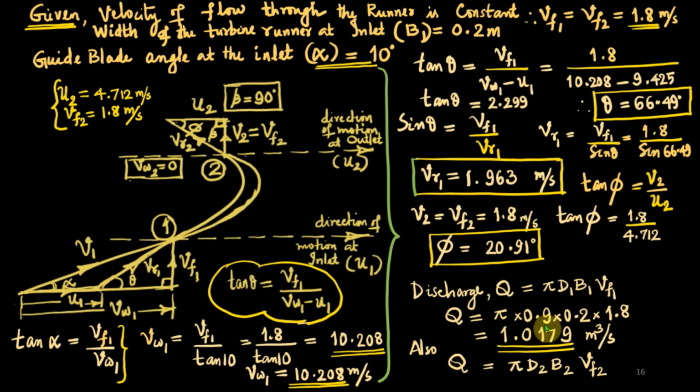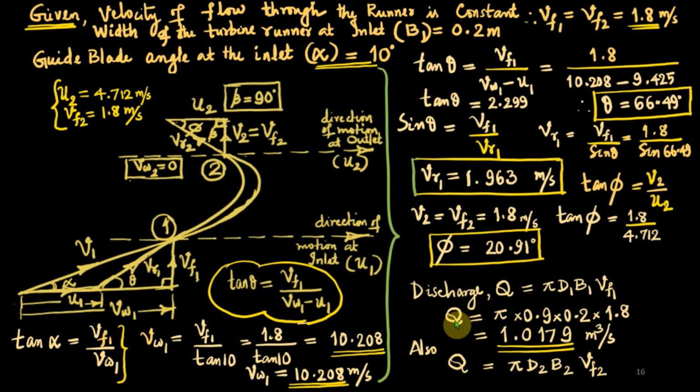So pi into diameter d1 is 0.9, the width of the runner at inlet is 0.2, as given, into Vf1, also given as 1.8. So the discharge handled by the turbine is 1.0179 meter cube per second, so more than 1000 liters per second it is.